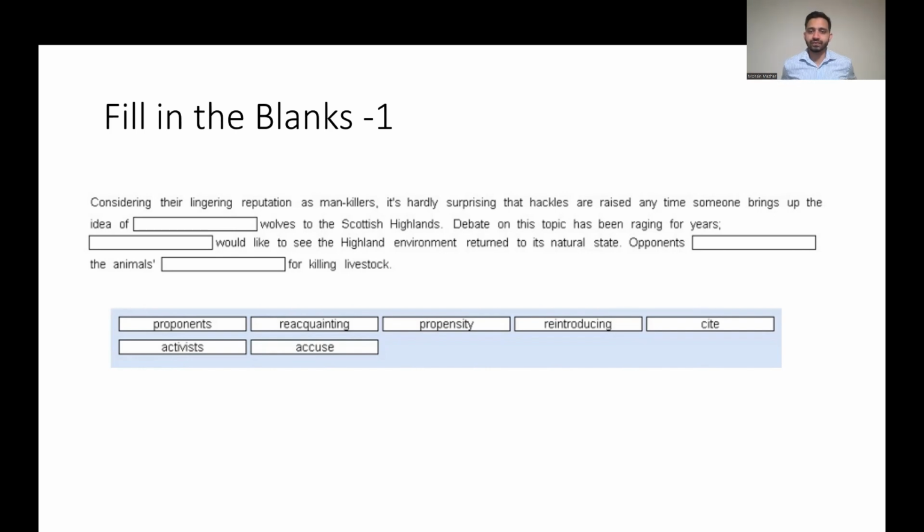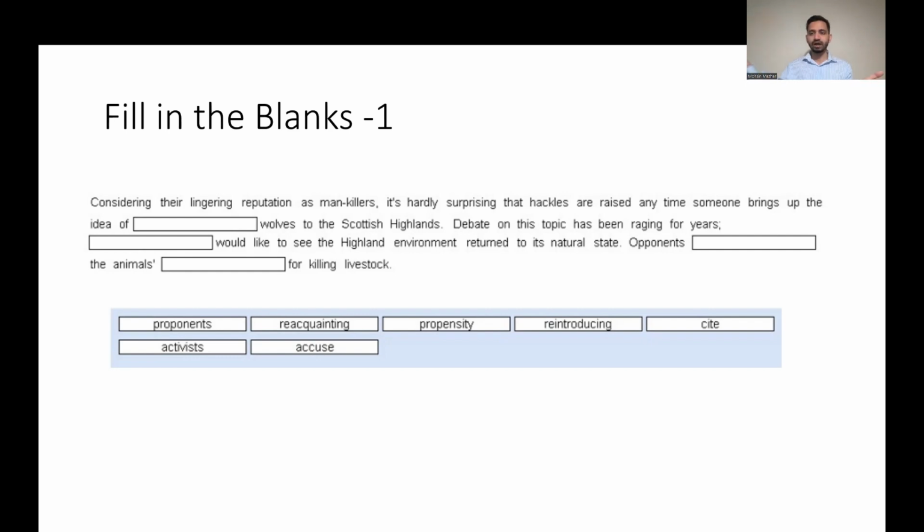All right, so we're going to talk about debates on this topic has been raging for years. Someone would like to see, right? So who is that someone? Would like to see the highland environment return to its natural state. Opponents. So you've got the other side. What does opponent mean? Opponent means someone on the other side. So you need someone and then you need opponent.